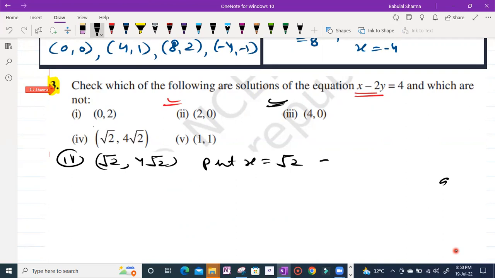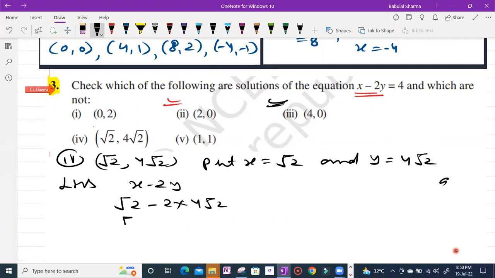x is equal to square root 2 and y is equal to 4 into square root of 2. Then left hand side x minus 2y. x की जगह रूट 2 पुट करें और y की जगह 4 रूट 2 पुट करें. That is root 2 minus 8 root 2, root 2 common, 1 minus 8, that is minus 7 root 2.